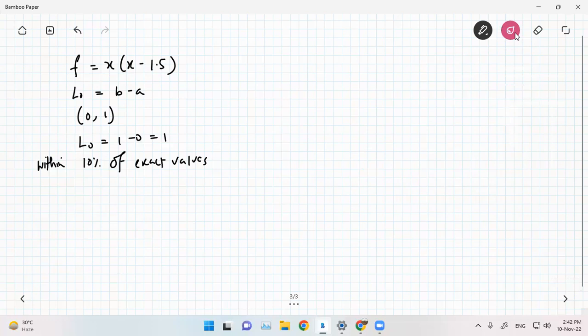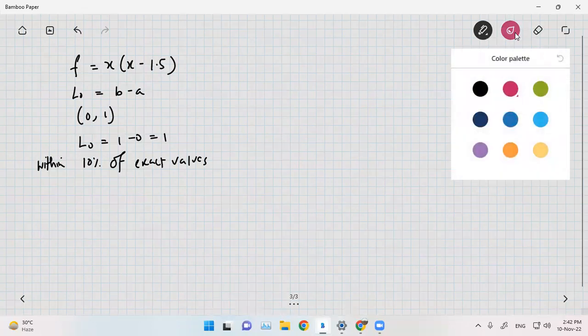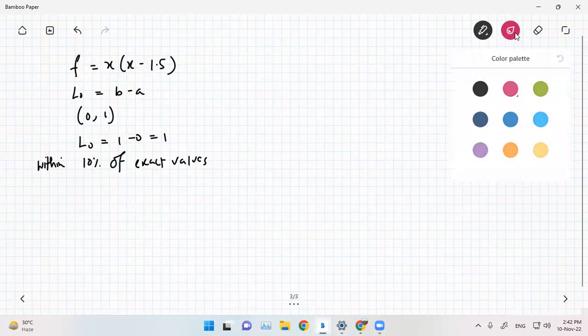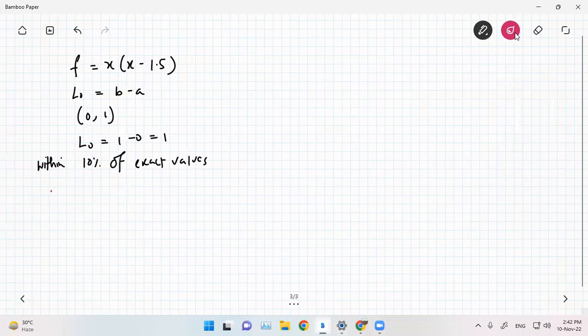So we have to take advantage of the Fibonacci numbers. The Fibonacci numbers here are basically for n equal to 0, 1, 2, 3, 4, 5. Based on that, we can find out the values of Fn.